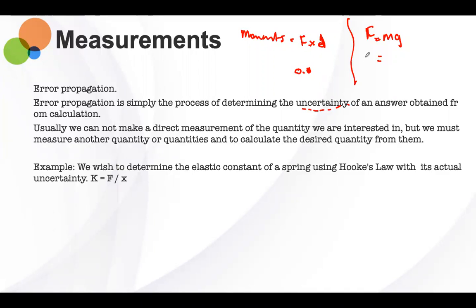So we probably don't have the equipment to measure the force exerted on a system, right? We have to use other quantities such as the mass and the distance to calculate the moment. So in order for us to find the uncertainty for that, we have to use error propagation.